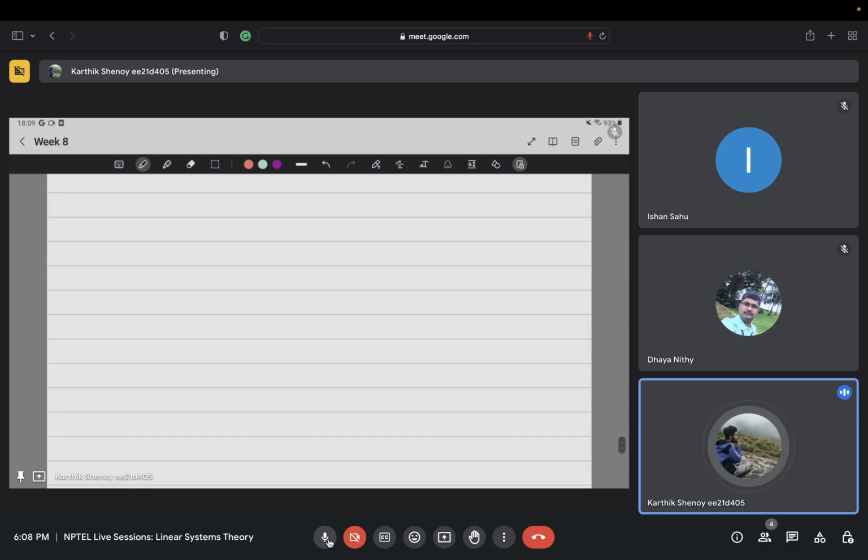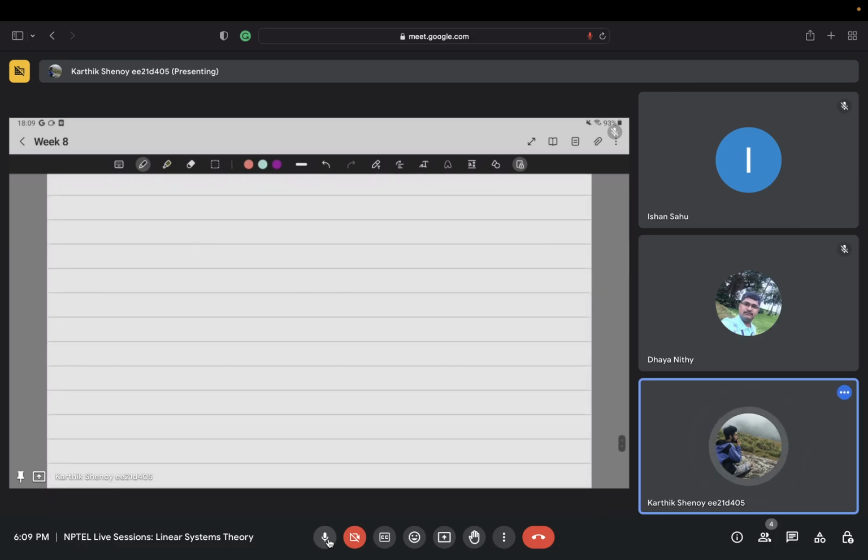For that we need to first identify what is not observable. So before going on to observability, we have to first identify what is not observable. That's why it's called the dual of controllability, because earlier we checked what is controllable. Here we are going to check what is not observable. So let's take two time instances, t0 and t1.